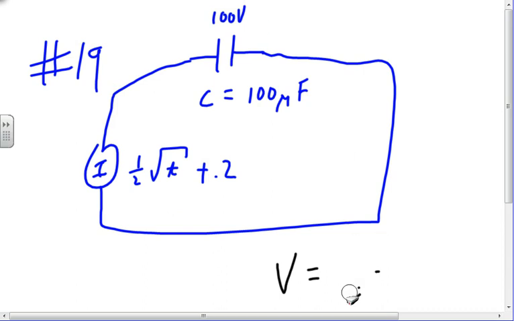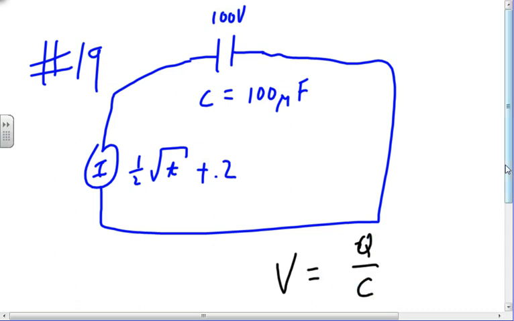The voltage across the capacitor is Q over C, charge over capacitance.